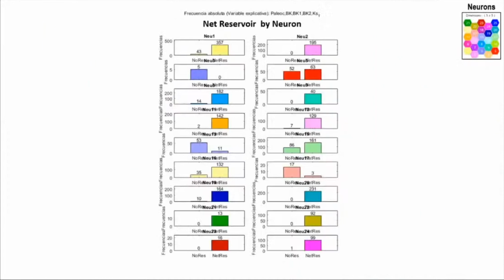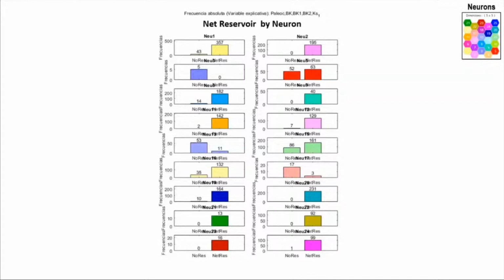And as the SOM classification is for lithological contrast, it means the attributes selected respond to lithological contrast. We checked the count of net reservoir and no reservoir by each neuron. So you can see the color map.